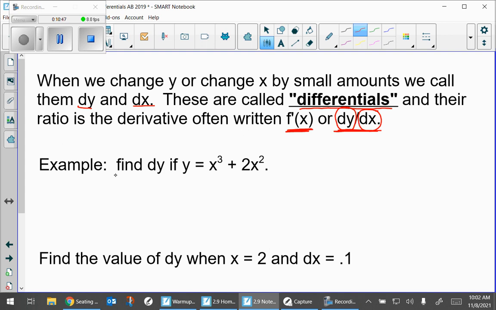So our job here is to find dy if y is equal to x cubed plus 2x squared. Okay, what's the derivative of y? What's another way of writing y prime? dy dx. And what's the derivative of this side over here? We're going to take all of our derivatives with respect to x. What's the derivative of this side? Everybody.